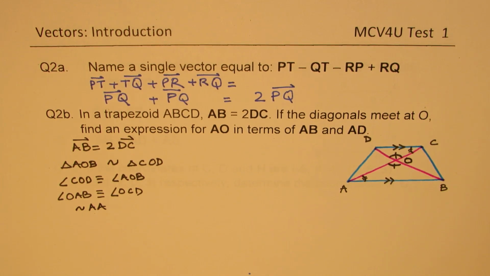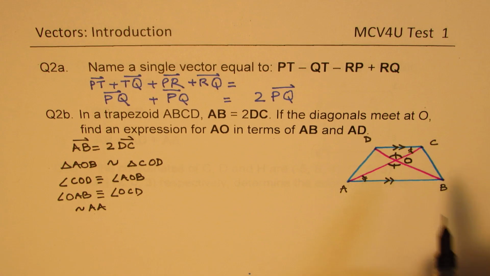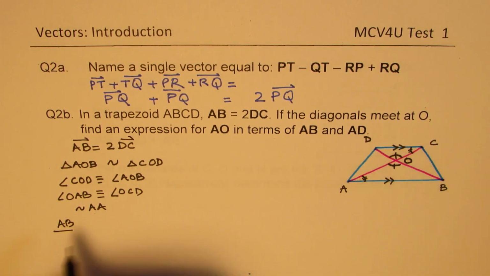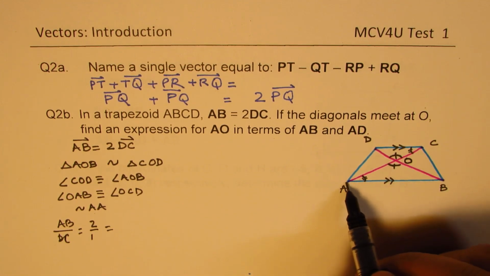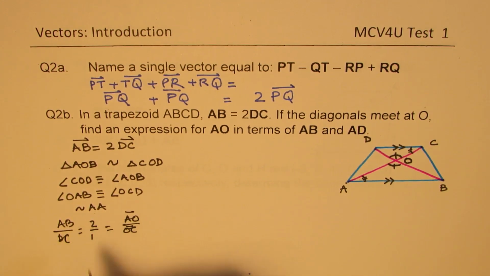Okay. Now if they are similar, then the sides are in the same ratio. So we know AB to DC is 2:1. That means that AO to OC is also 2:1, right?